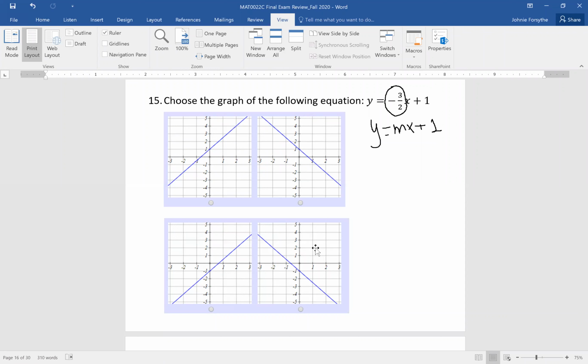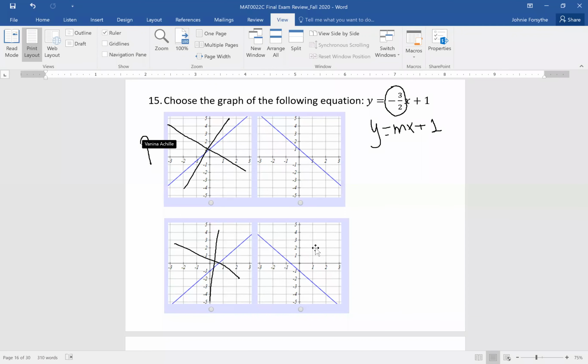So I'm going to go ahead and eliminate this guy over here. And let me see, this one is going down, this one is going up, and I'm also going to eliminate this one. And if you want to know how you know it's going up or down, always imagine like you're a guy standing right next to the graph, to the left of the graph. If you go right here, you're going up. If you go right here, you're going down. So this is up, down.